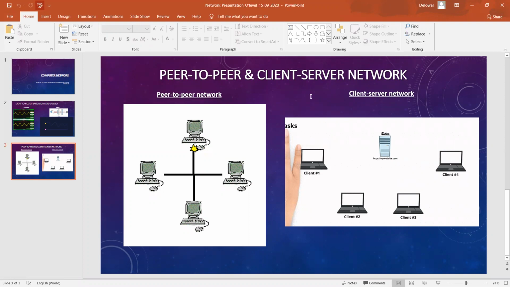Actually, there are 4 different tasks performed. After that, we get the data in return. So 4 tasks. After completing the 4 tasks, the server sends this data to the client. So it performs a big and difficult task.